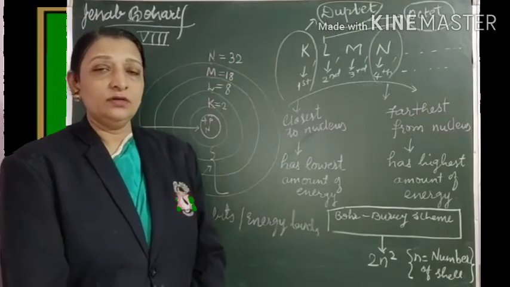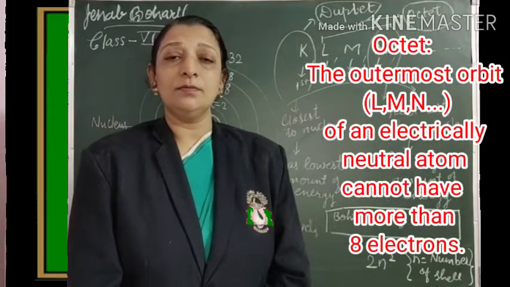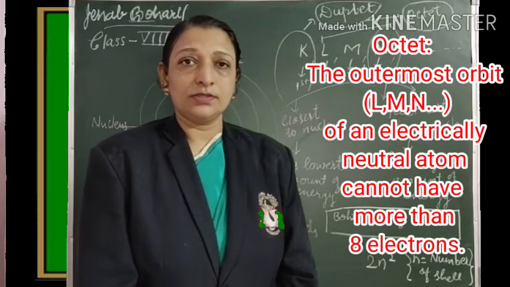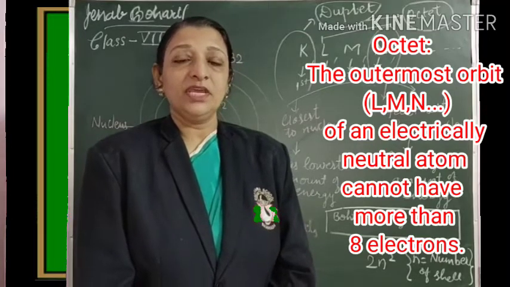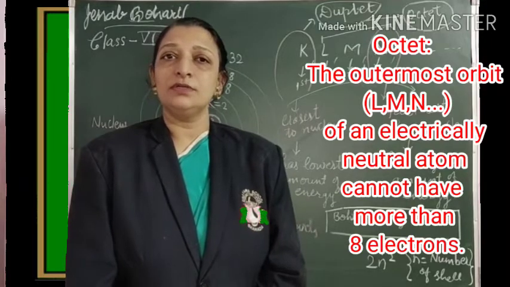However, the outermost shell of an electrically neutral atom cannot hold more than 8 electrons, if it is the second, third, fourth or fifth onward shell.